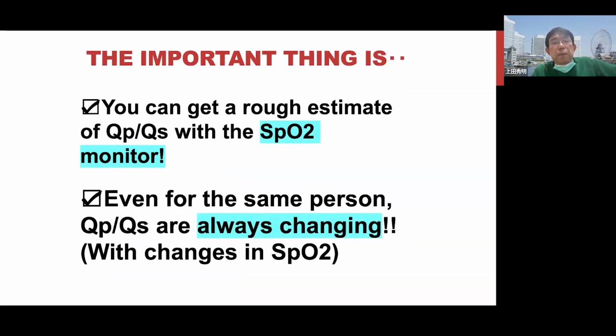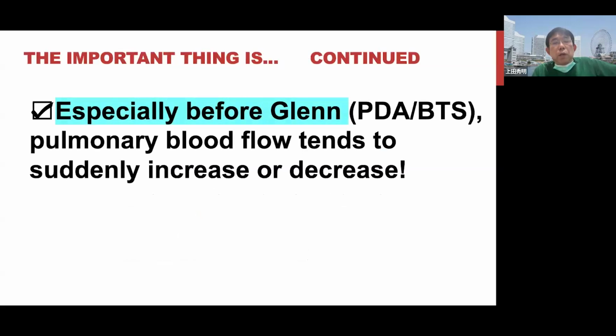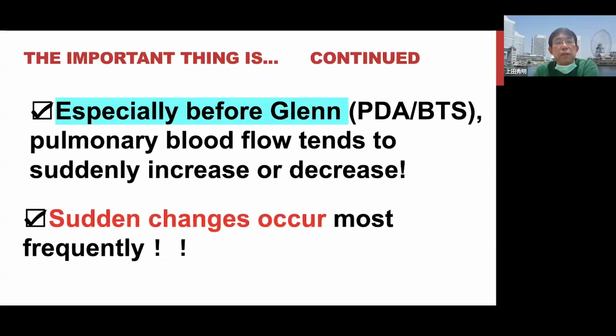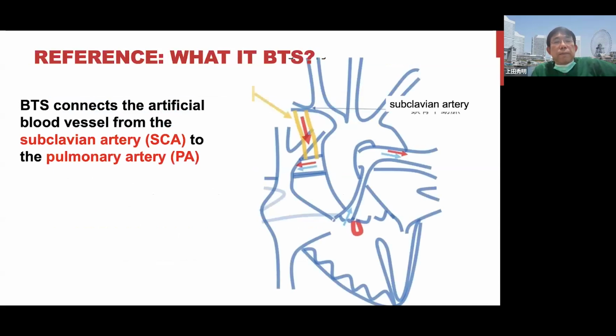And even for the same person, the Qp/Qs might change very easily. Especially before Glenn shunts, pulmonary blood flow tends to suddenly increase or decrease. So we should handle it very carefully because of those sudden changes.